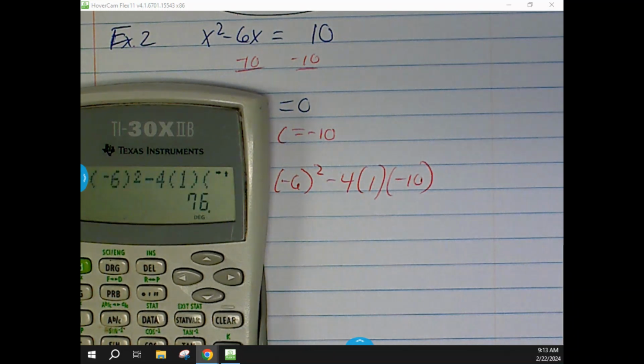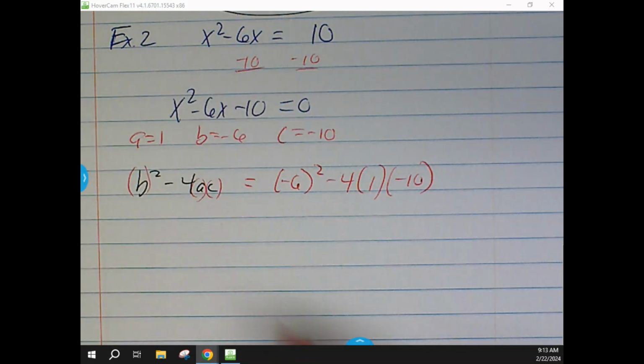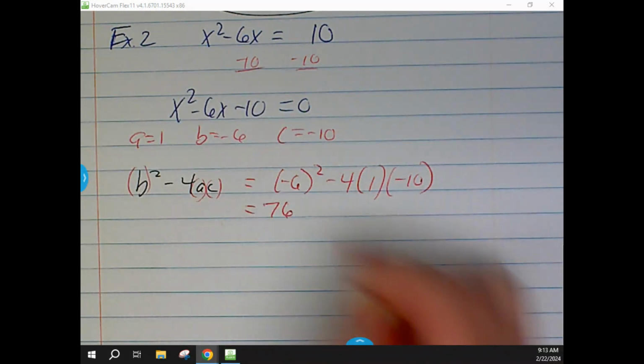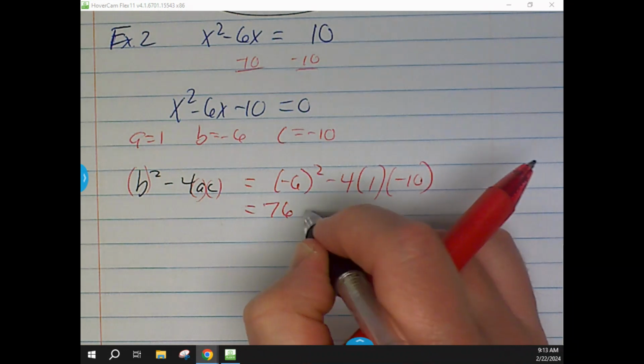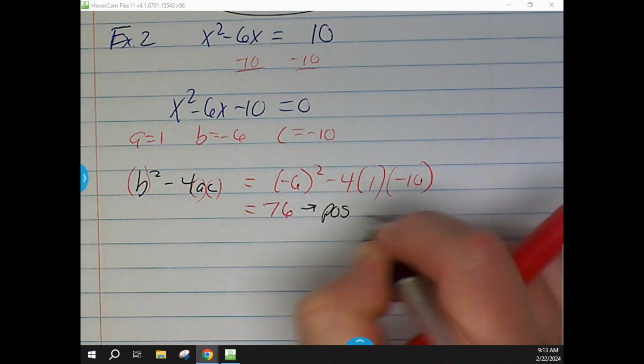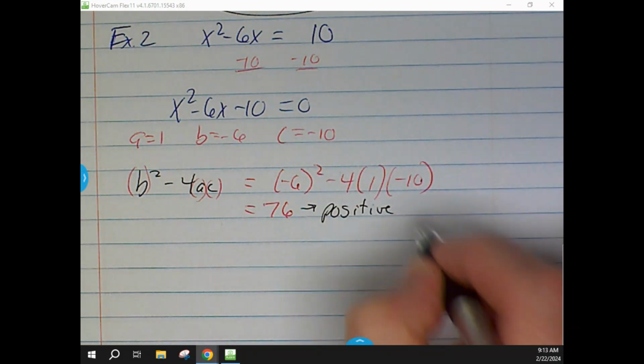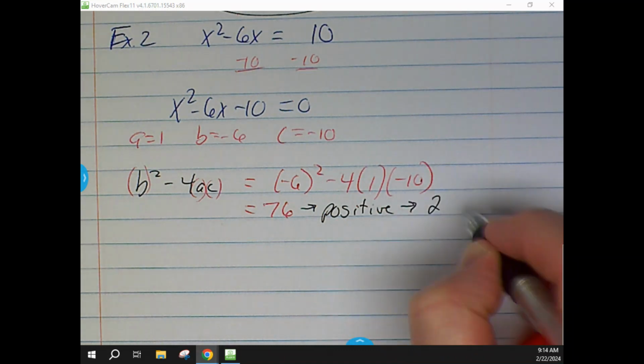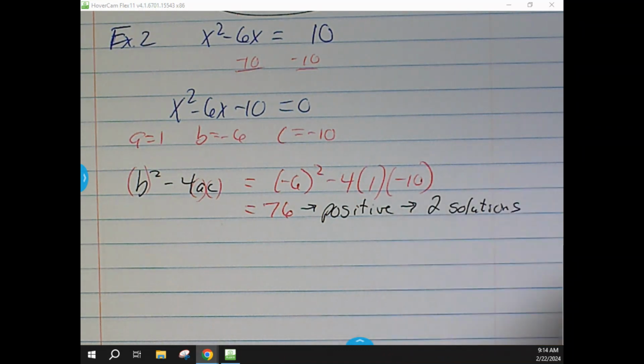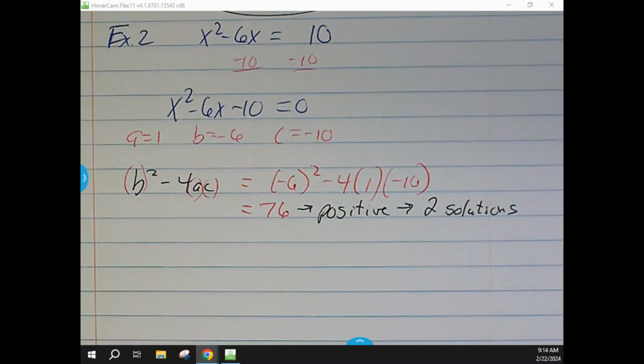So we get 76. The key thing on this one is 76 is a positive number. So if it's positive, we know we're looking for 2 real solutions. We know we're going to get 2 answers. We just have to figure out what those 2 answers are.